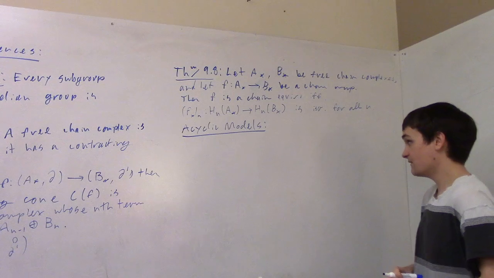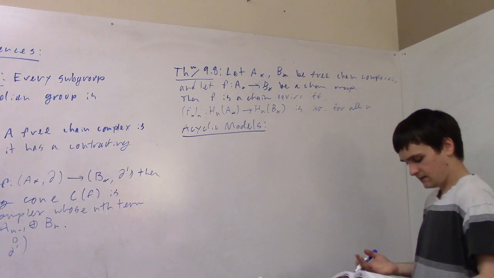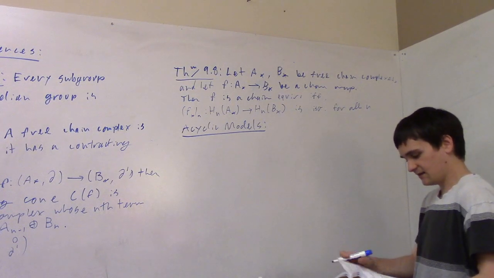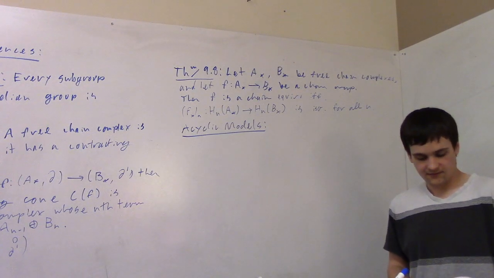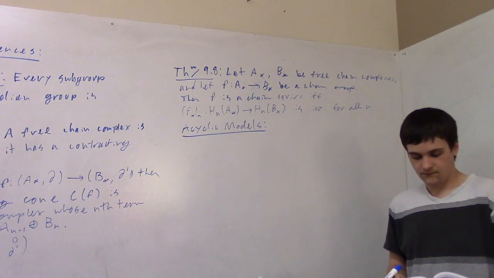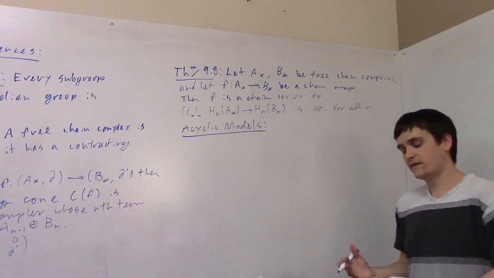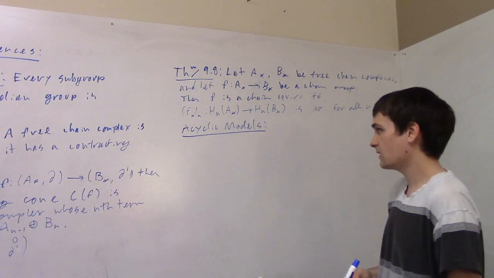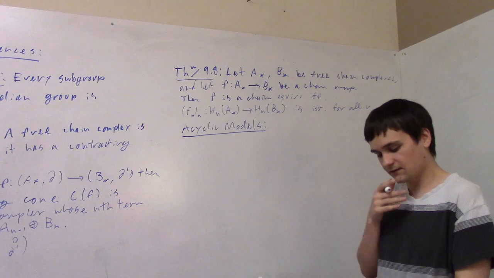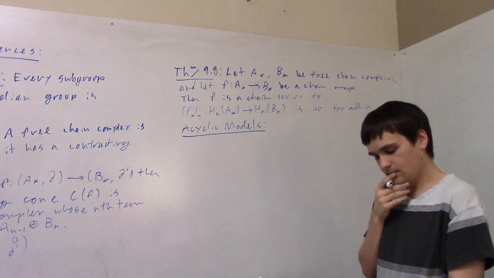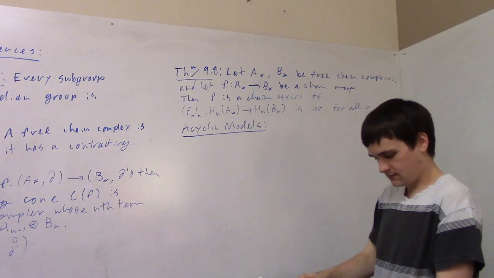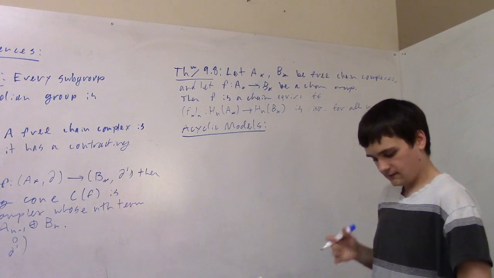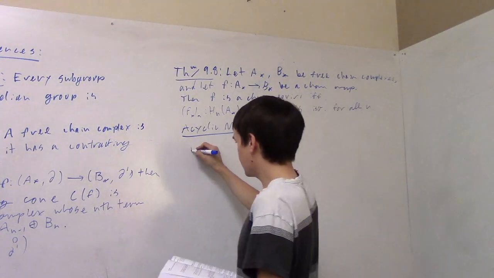Specifically, later we'll see the major theorem in this section is that from a natural equivalence, you can induce a chain equivalence, which is interesting. So, theorem 9.9.